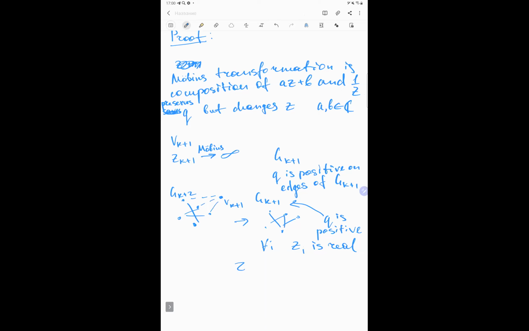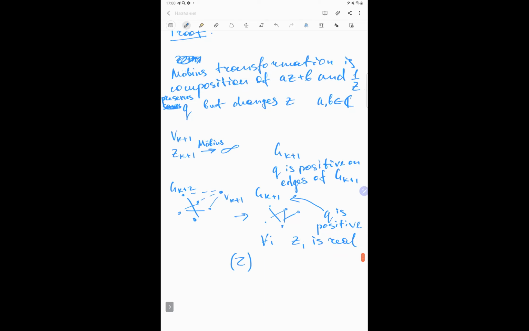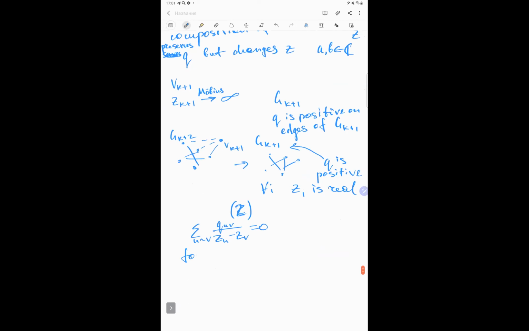That's what we are discussing now. Sergei Konstantinovich said that this transformation preserves equation 2, which is for every interior vertex.